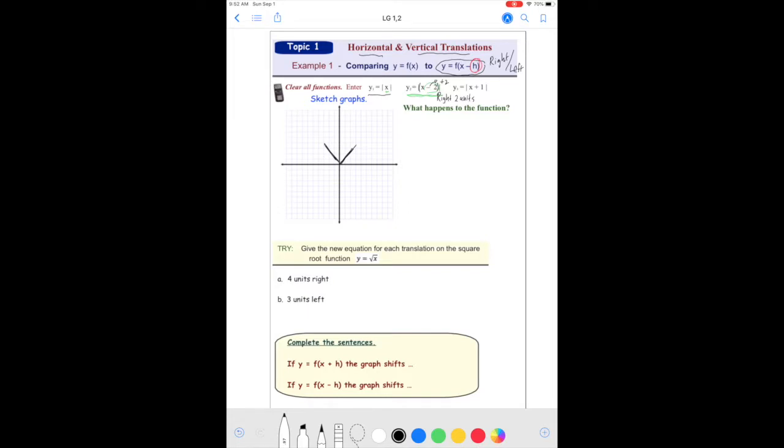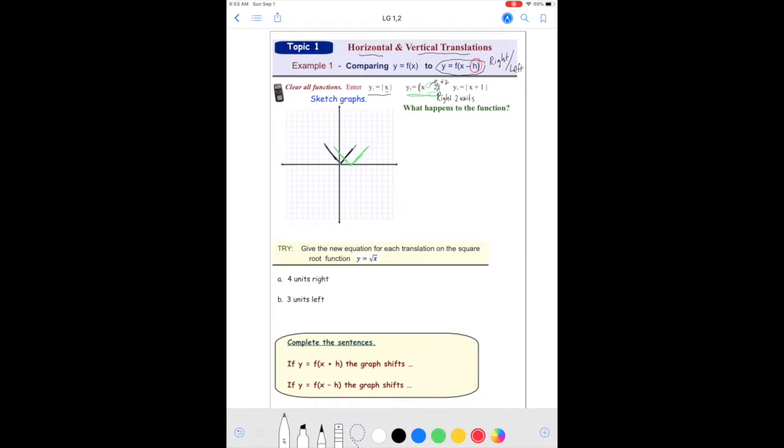Okay, so now all we do is we take this vertex where the original one started, we just go right 2. So 1, 2. And that is our new vertex. And remember, it's the absolute, so there's no transformations going on. So it's going to go over 1, up 1, over 1, up 1, and over 2, up 2, and so on. So we have now a function that looks like that.